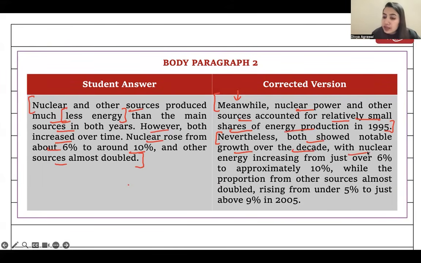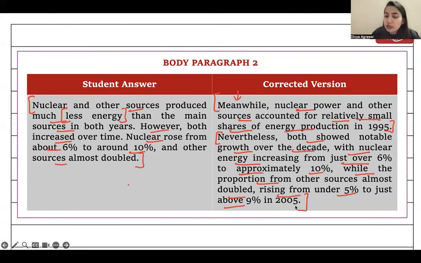With nuclear energy increasing from just over 6%, pay attention, to approximately 10%, while the proportion from other sources almost doubled, just over, pay attention to these words, rising from just under 5% to just above 9% in 2005.